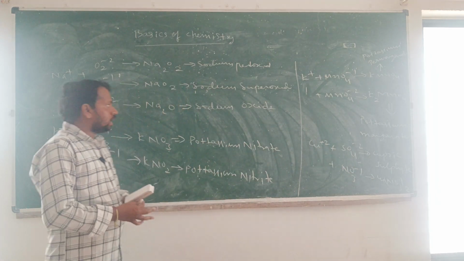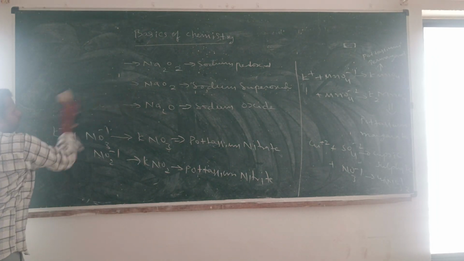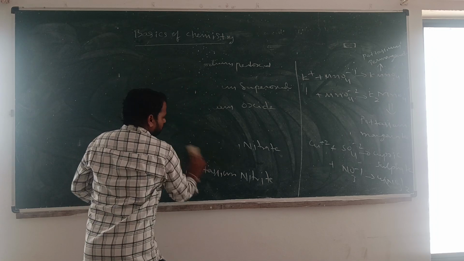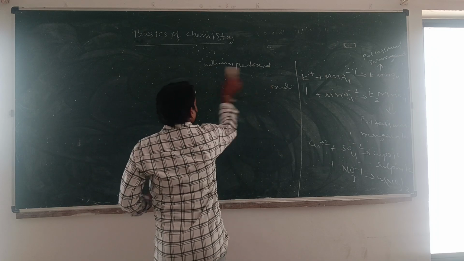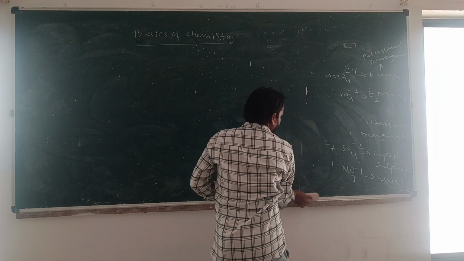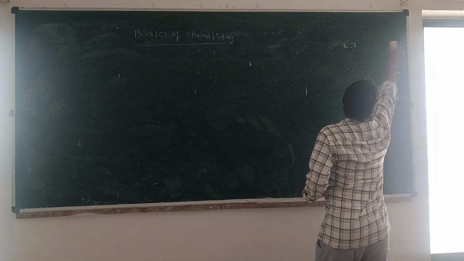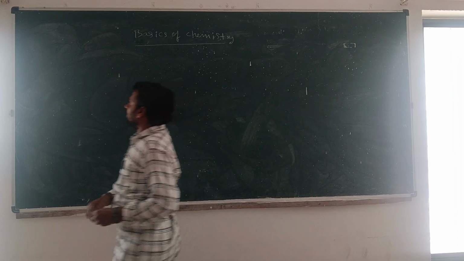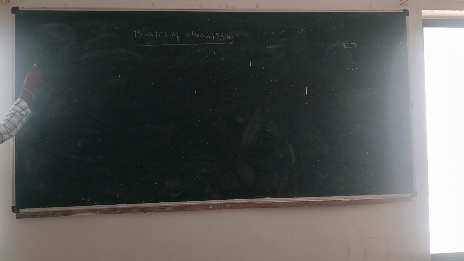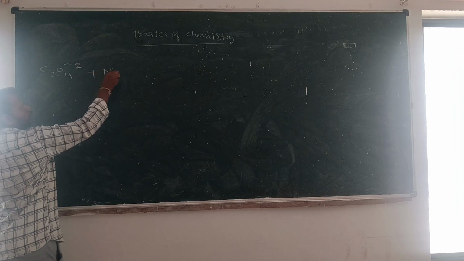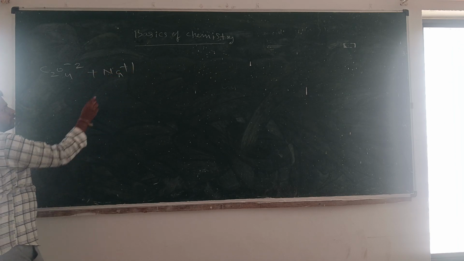Let me see some more formulas. If I am writing oxalate, C2O4 minus 2, and it is combined with Na+, a monovalent cation, we get Na2C2O4, sodium oxalate.